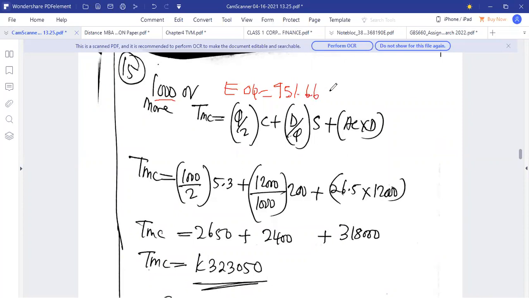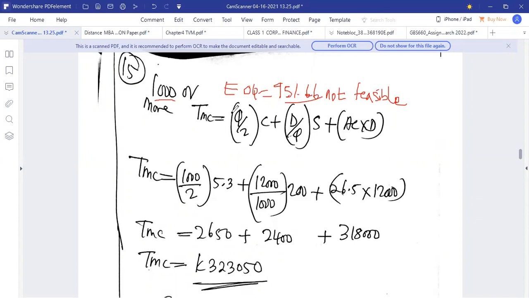So this one is not feasible. So what happens? We should use the lower bound. But the lower bound here should be the minimum, which is you should put the 1,000. So this one is not feasible.